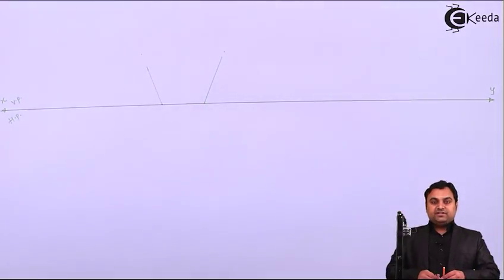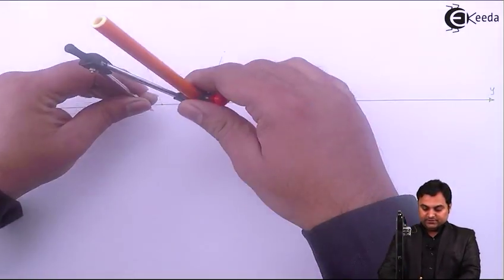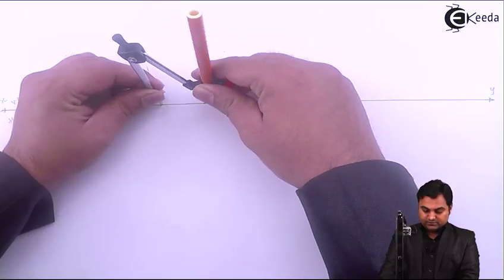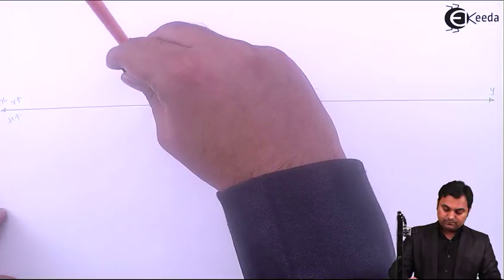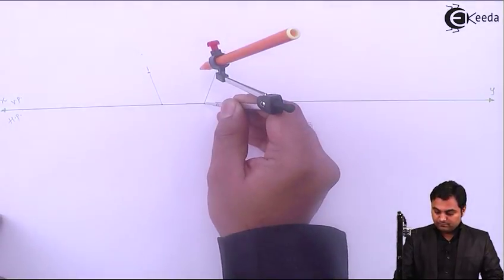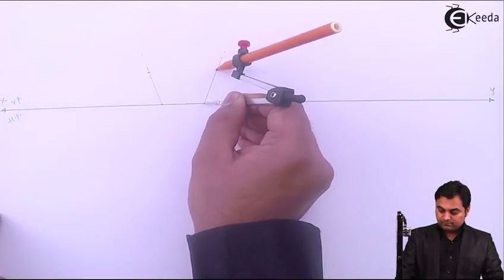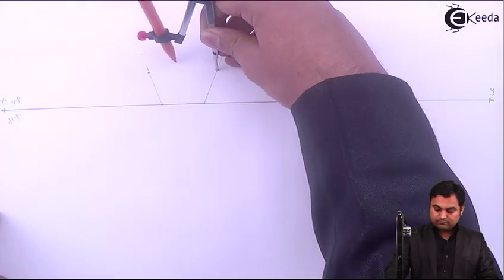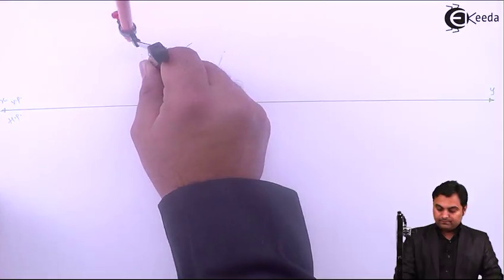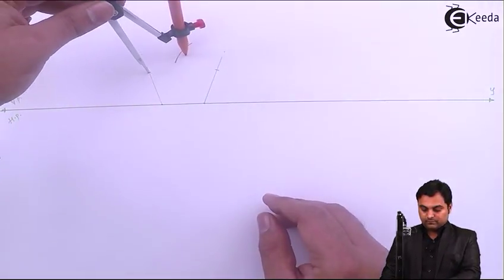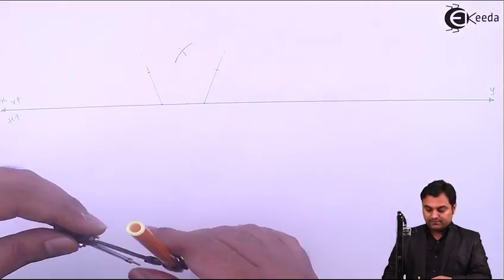Here I will measure the side of this pentagon, which is 32 mm. Drawing a light arc, cutting it from the other side.